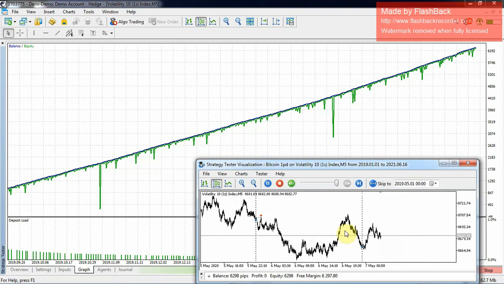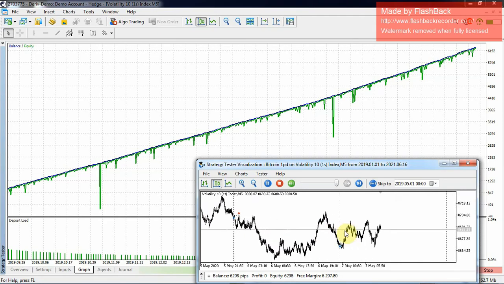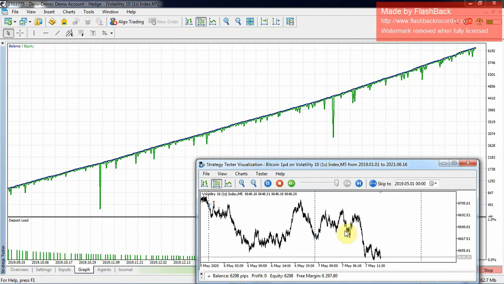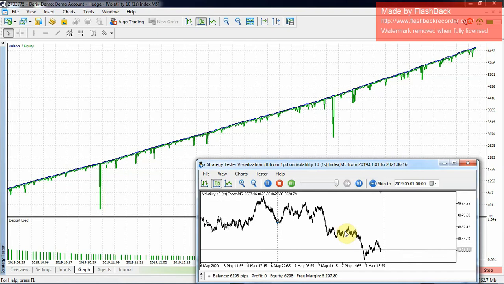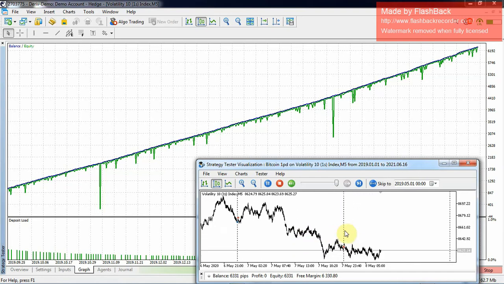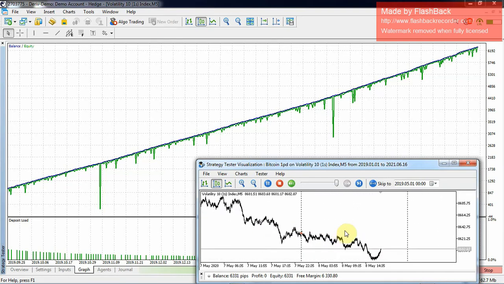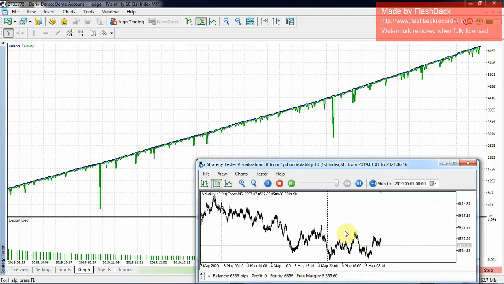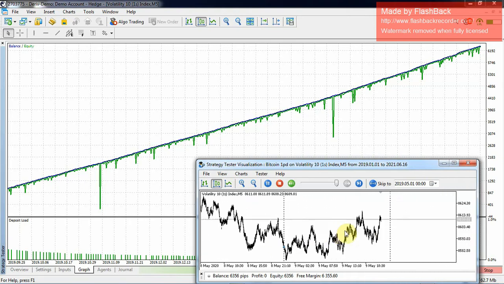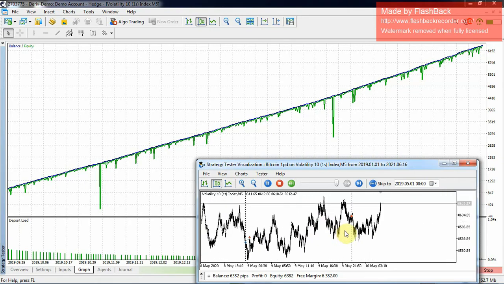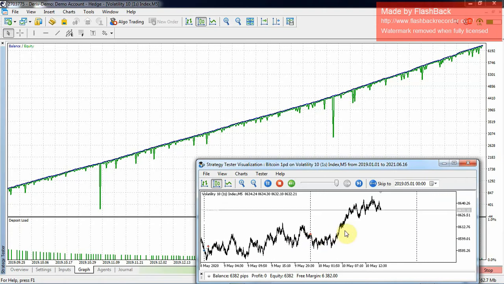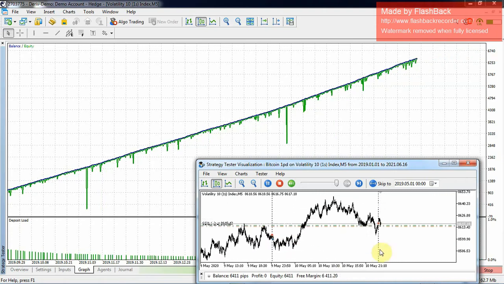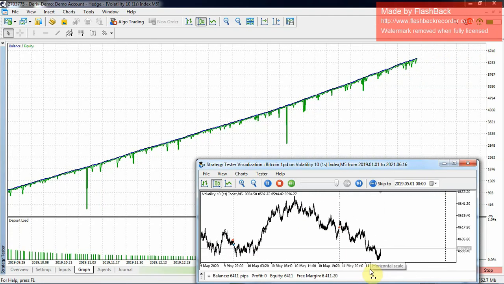I risk 1% per trade when I open an account, when I start trading, and then I do not increase the lot size until the account grows, because the 1% per trade is like the maximum lot size I use. It's like the dangerous lot size I use.